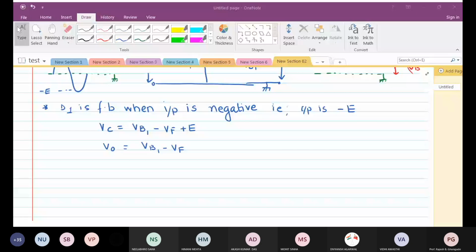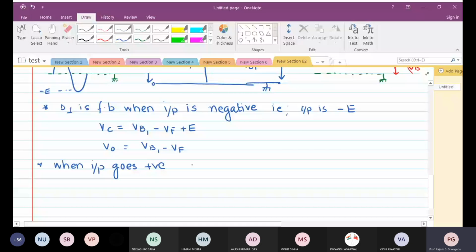When the input goes positive, that is when the input is plus E, your output will be again E plus whatever is the voltage across the capacitor.